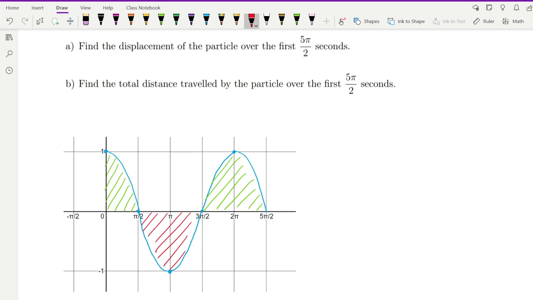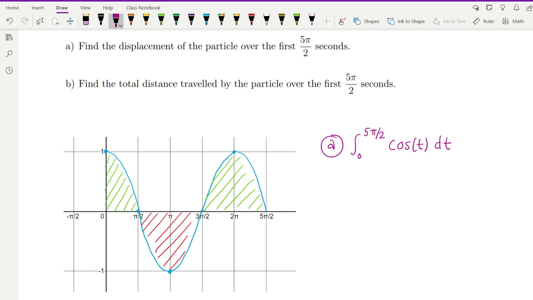A normal integral will always count negative area as negative and positive area as positive. So to answer part A, we just want to take the integral from 0 to 5 pi over 2 of cosine of t dt, because that's our velocity function. For displacement, you're just integrating your function because you want to allow that negative area to count as negative.